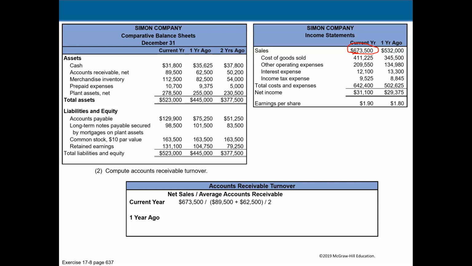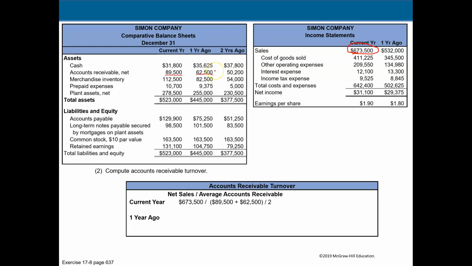Now, accounts receivable right here, this is the current year. This is what they ended the year with. What they started the year with was this, because this is what they ended with a year ago.